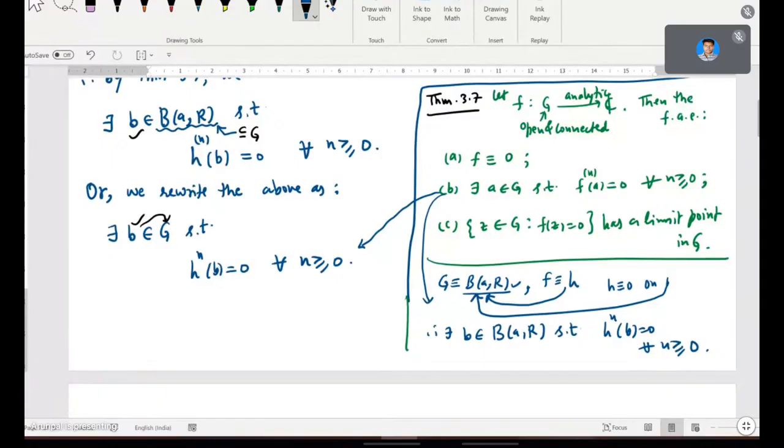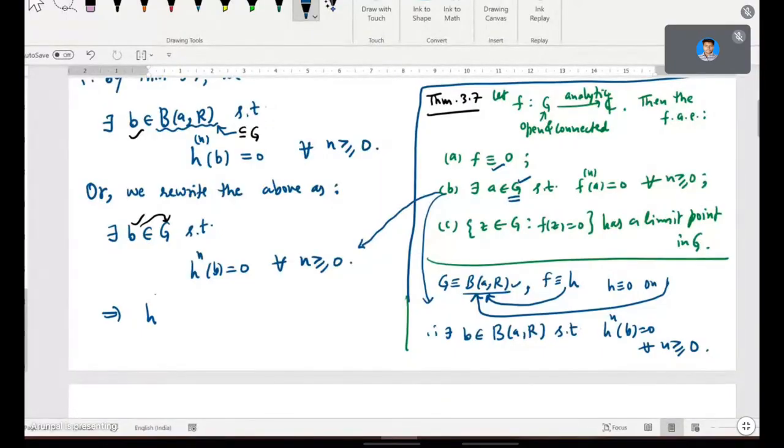So class, it means what? It means h is identically equal to 0, and now this is identically equal to 0 on G. Take a note, now it has gone to G. Is this okay, class? Very nice technique.